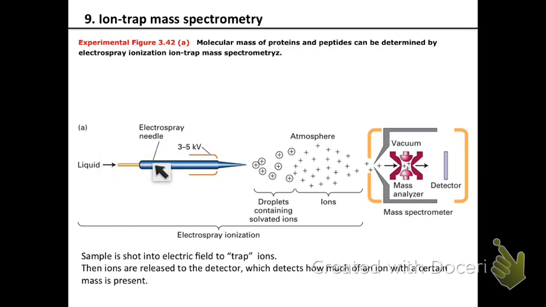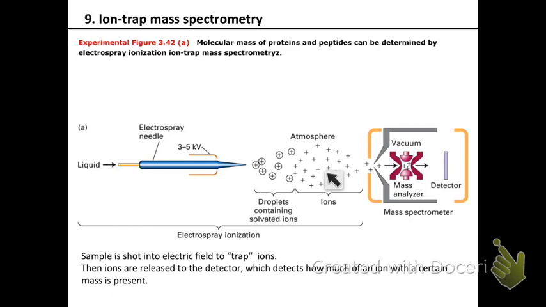And then you put it into a needle, which is an electrospray needle. And this needle shoots the sample into an electric field, okay? So this electrospraying ionizes the proteins, ionizes the peptides. And each of these peptides basically form droplets of these ions.